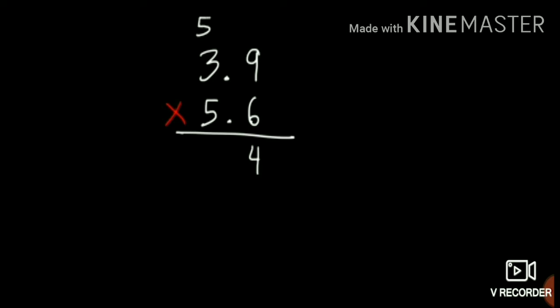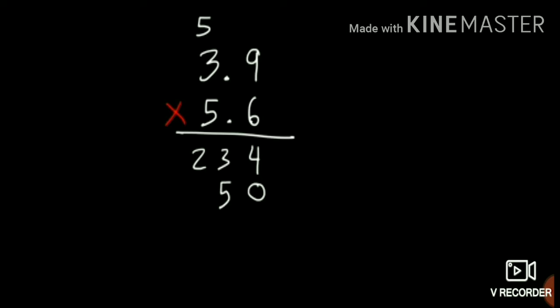Then you multiply 3 into 6, which is 18, plus 5, so the answer is 23. For the next place, you put a 0 below the ones.